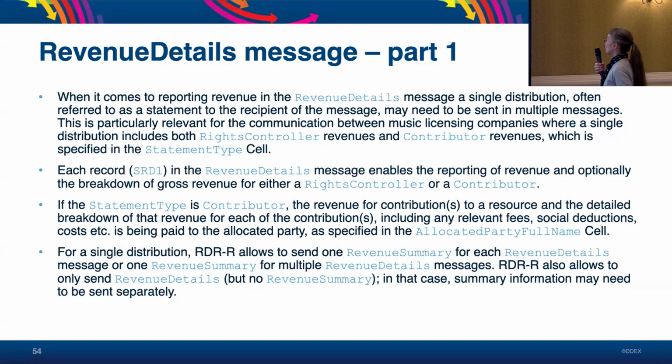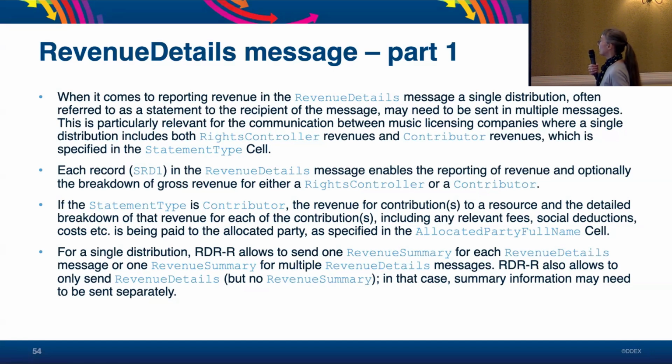And the flexibility that Steffen mentioned earlier with regards to splitting it in two messages, having summary revenue detail and then details revenue data, means that you can now have within a single distribution one revenue summary message for all of the details that you're sending.